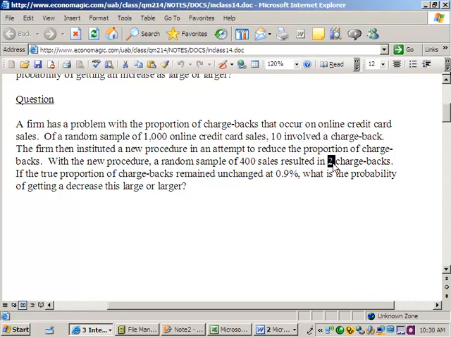And then 2 out of 400 is smaller. So we'll put the first sample first. So n1 is 1,000. That's sort of the before case. After, n2 of 400.